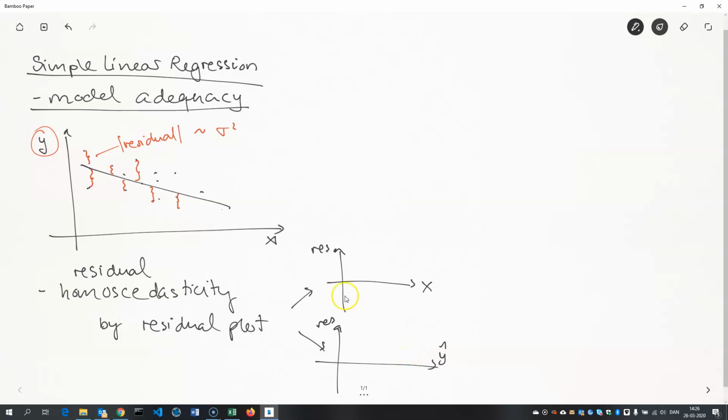And what we expect to find is that the residuals distribute themselves on either side of this axis here, and not just that, but that there's no pattern in this plot either. And maybe it's easier to see something that's not homoscedastic.